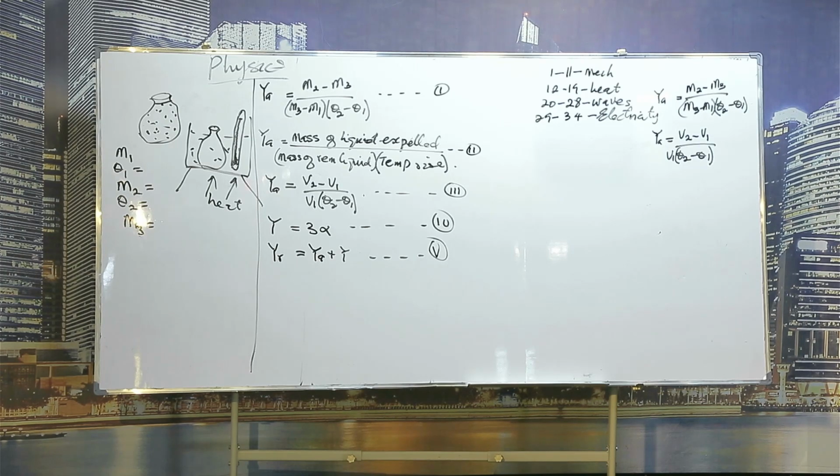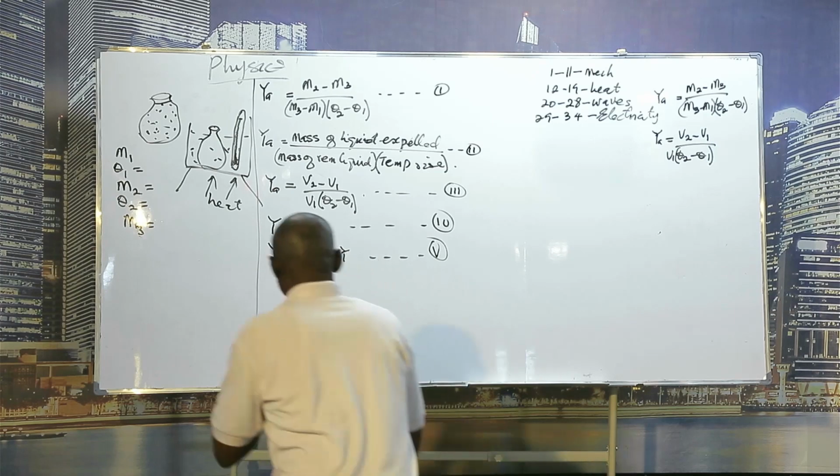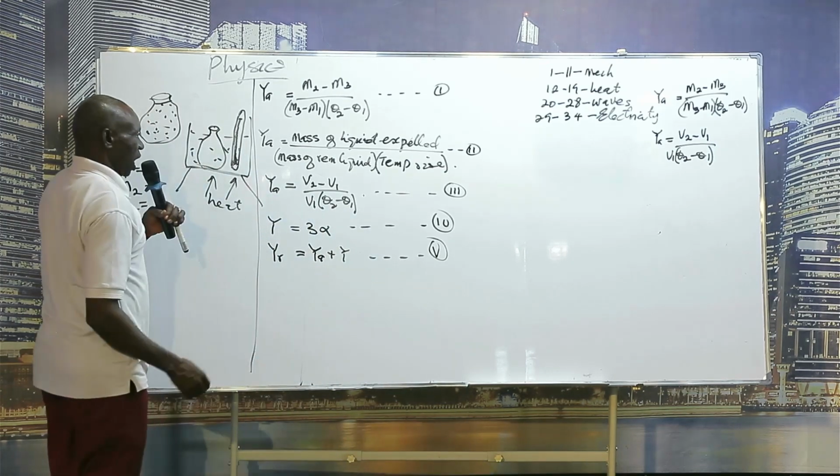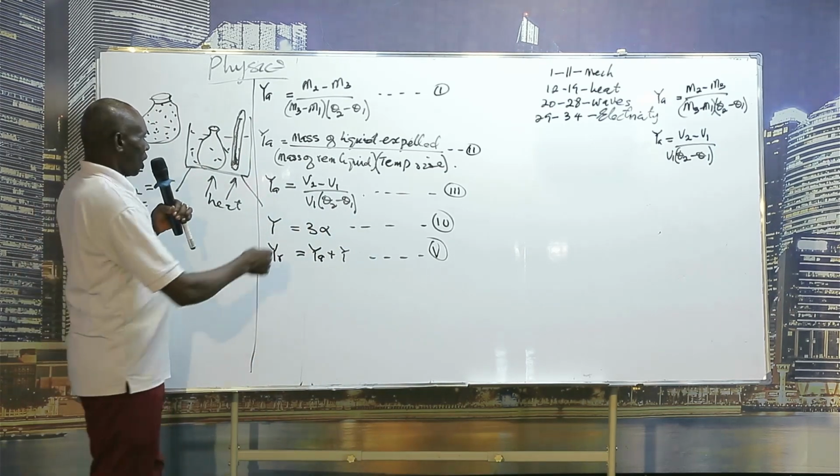Normal Y is cubic expansivity. It's already in your note. If you go back to your note, the first equation is Y for cubic, which is 3 times alpha. That is the normal Y. If it is under solid, they gave it to us as this.